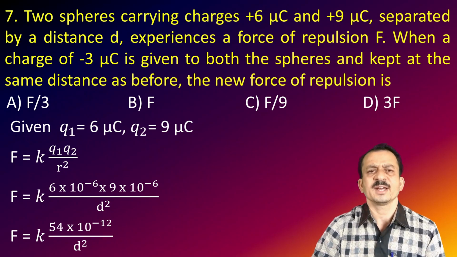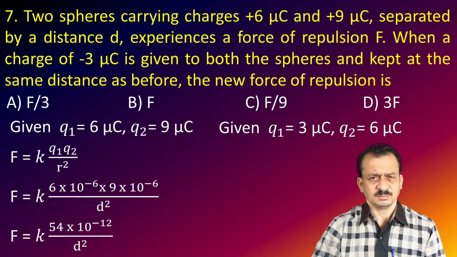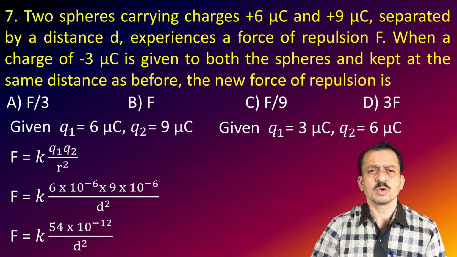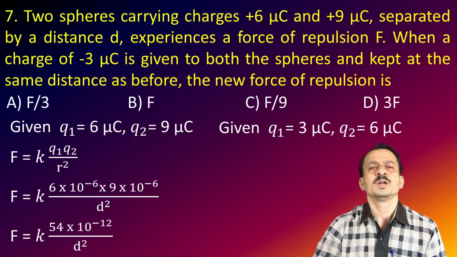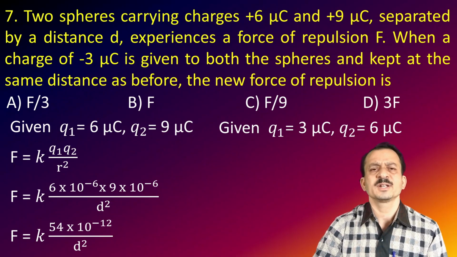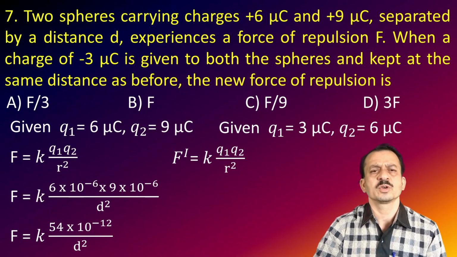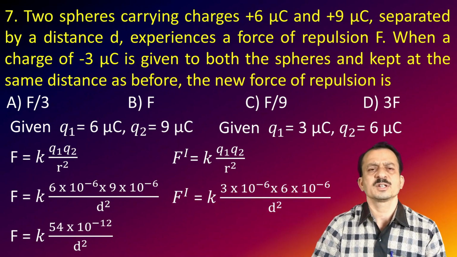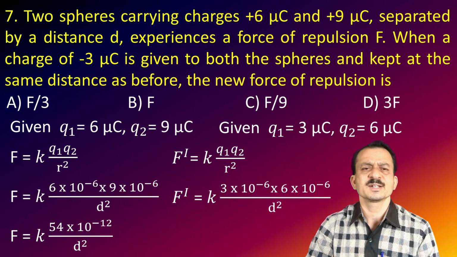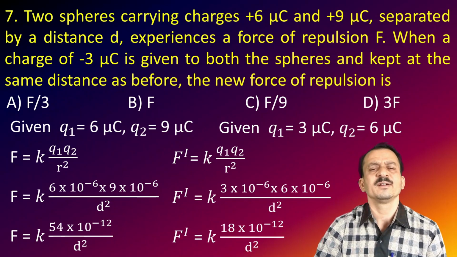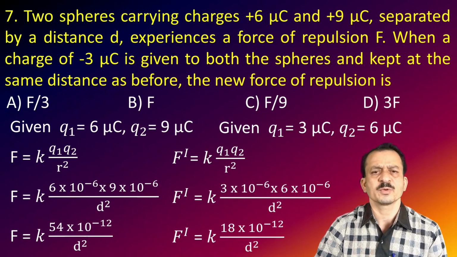Now what happens in the second case, as and when minus 3 microcoulomb charge is added, then Q1 becomes 6 minus 3, it is 3, and 9 minus 3, it is 6. Now the new force F dash is equal to K into Q1 Q2 divided by R square. So therefore F dash is equal to K into 3 6 it is 18 into 10 raised to minus 12 divided by d square.